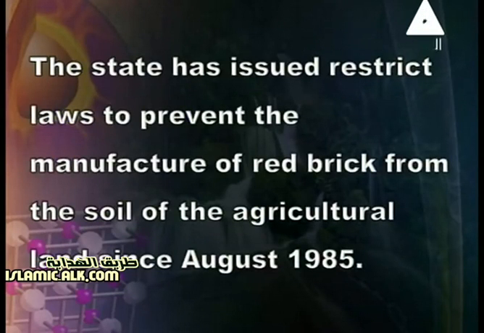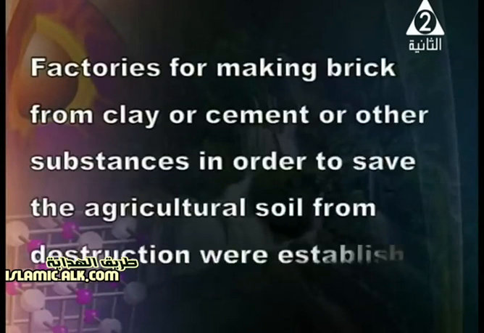The state has issued strict laws to prevent the manufacture of red brick from the soil of agricultural land since August 1985. So factories for making brick from clay or cement or other substances were established in order to save the agricultural soil from destruction.